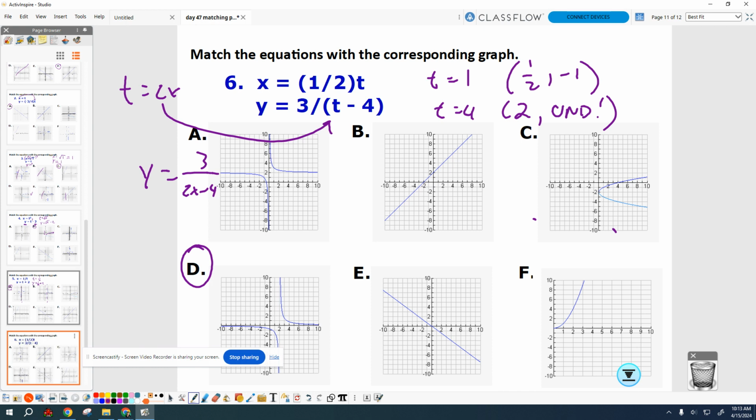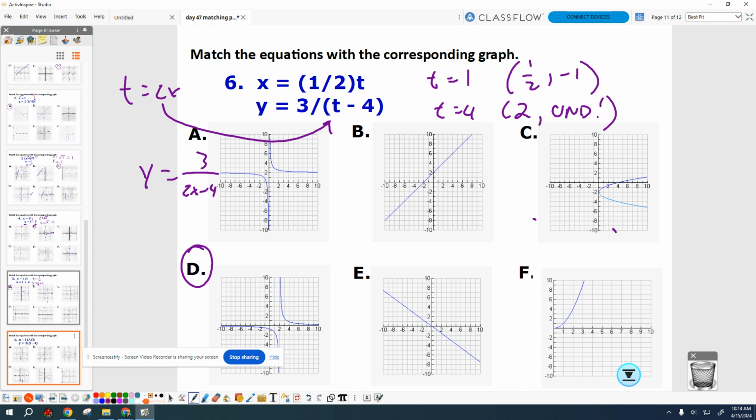This is like 3 minus 4. 9 minus 4. 5, not negative. So let's get it right here. Okay, so 2, 5. Whereas the denominator is 0, when x is 2, that's going to have an asymptote.